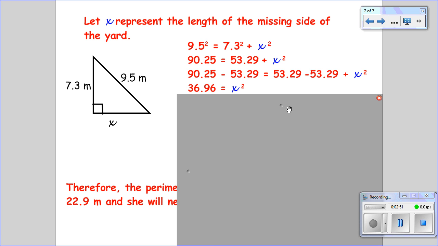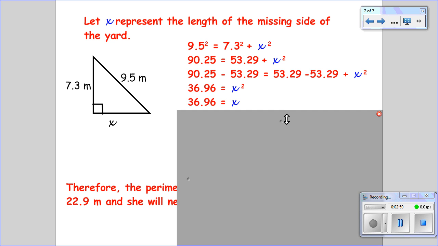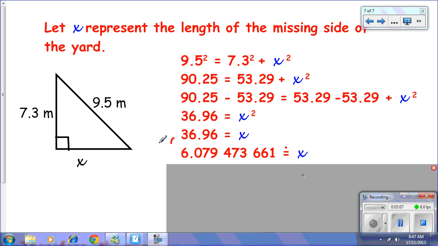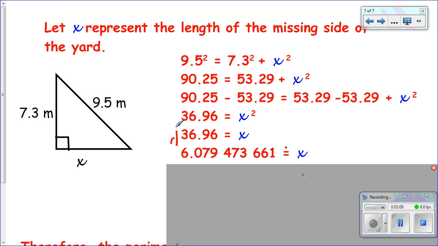What's next? We need to figure out what number multiplied by itself gives me 36.96. That's going to be a lot of number crunching, but fortunately, we can then take the square root of both sides. We're missing the square root symbols. Hold on one second. Let's get the square root sign in over 36.96.